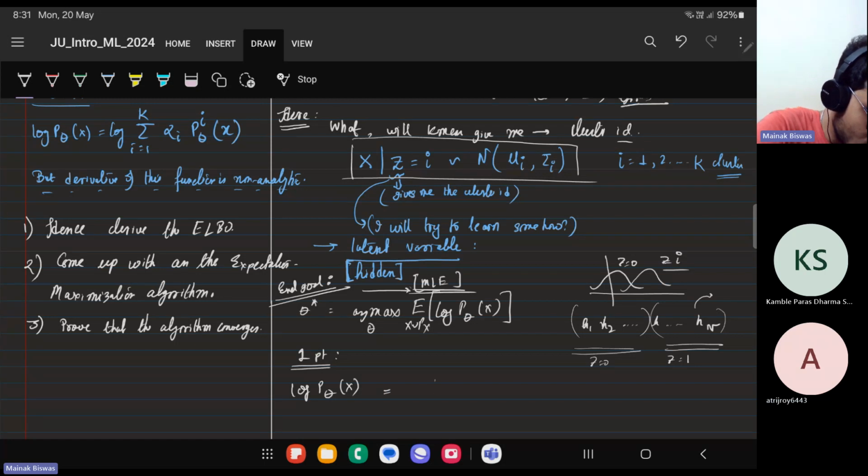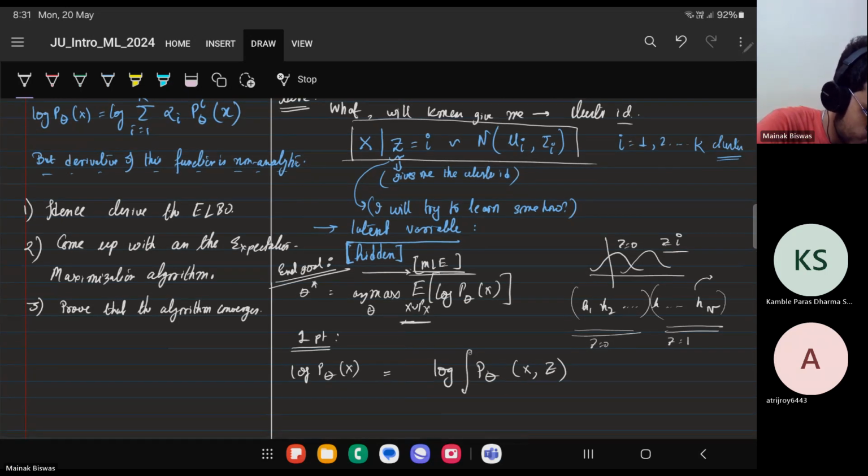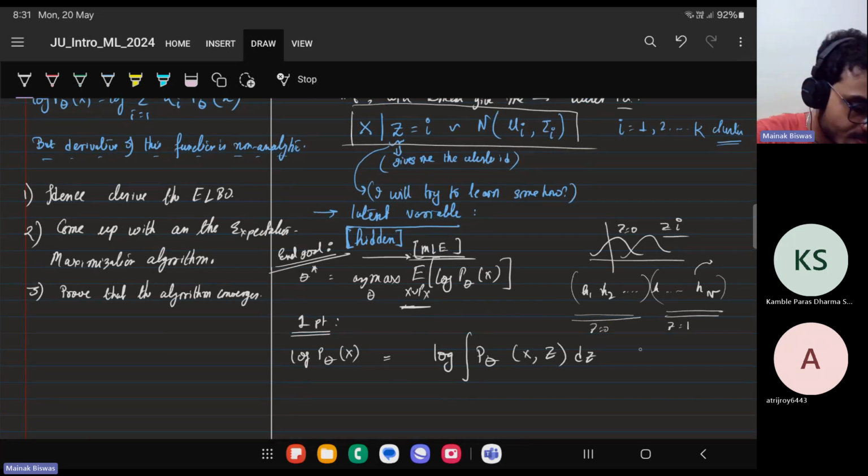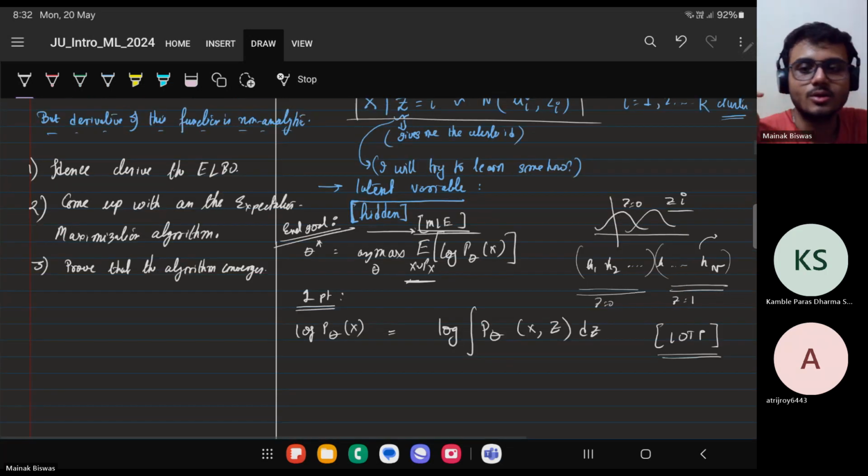Good. Or you can just do x comma z, and this is for one data point. I'm not writing the expectation again and again; I'll write it at the end. I can integrate z out, right? The law of total probability. Good.